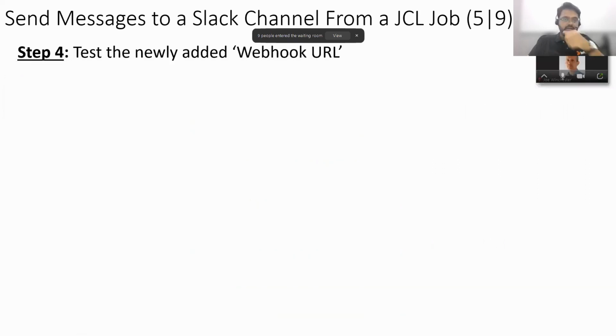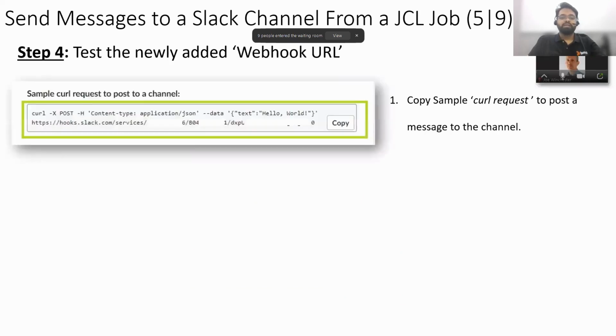So let's test the newly added webhook URL. As I showcased in the previous step, there was a sample call request to post to a channel. So just copy it, okay? And I have masked the URL here, but it is the full URL and you don't have to miss anything. Just remember you don't miss anything in this URL.